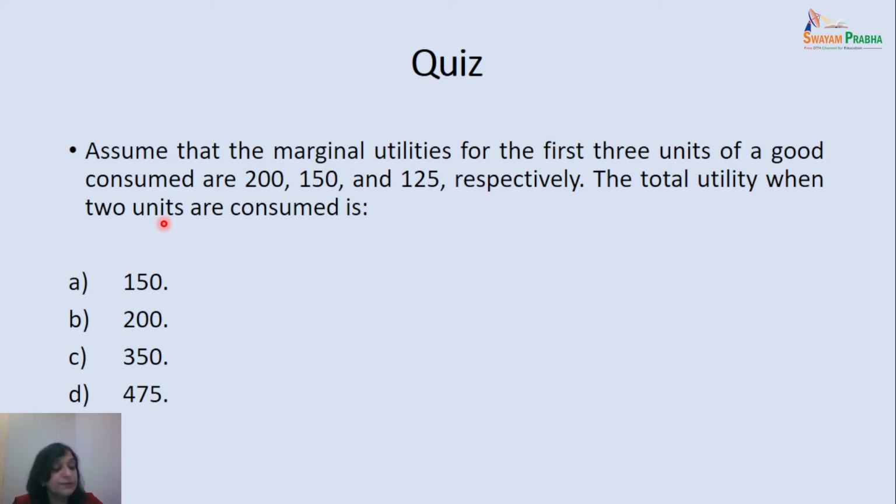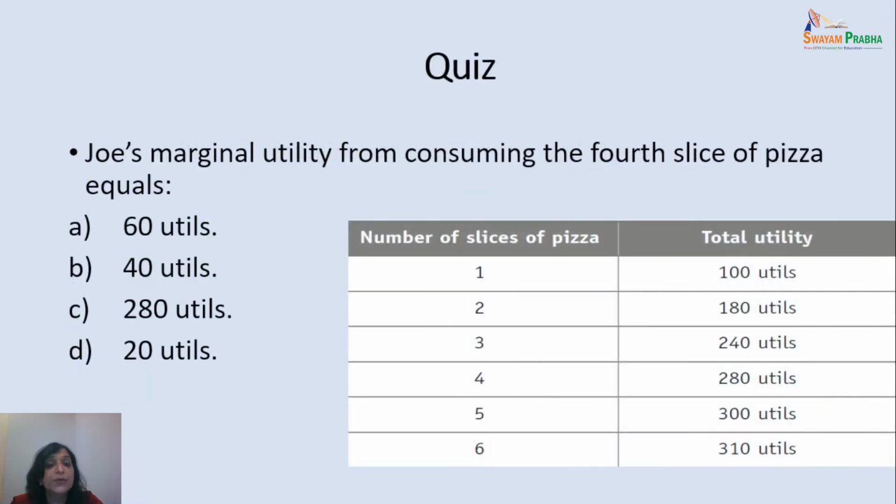Give it a thought. The answer will be 350. Why? Because the first unit gave you 200 marginal utility, and the second unit gave you 150. So marginal utility of 1 plus marginal utility of 2 will give you total utility. The answer will be 350.